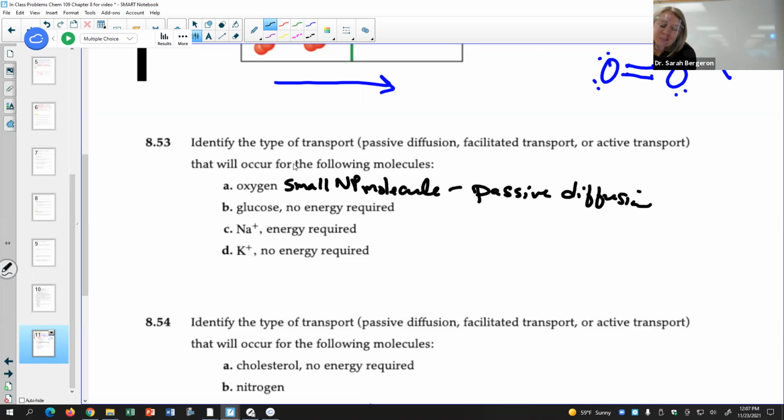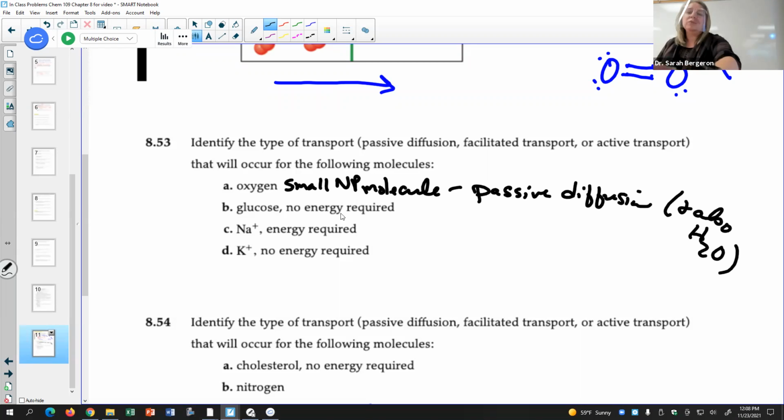So things that undergo passive diffusion are things that are small and non-polar and also water, right? Water is going to move passively. It also has a facilitated transporter, but it can passively transport as well.